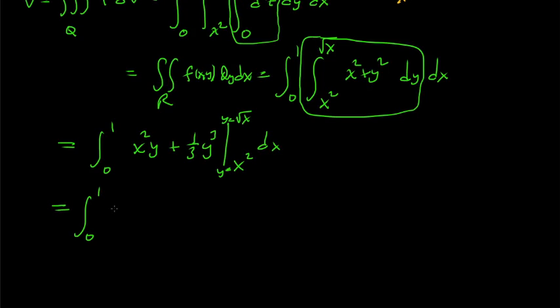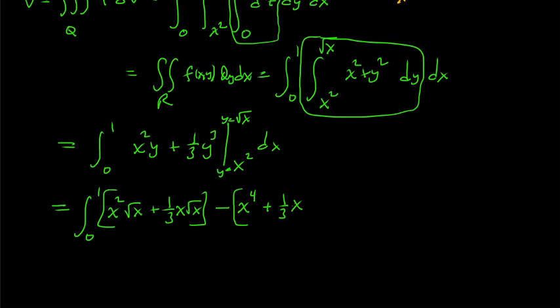So let's do the square root first. We get x squared times square root of x plus 1/3 square root of x cubed, which is x to the 3/2. And then minus, when you plug in x squared, x squared times x squared is x to the 4th, plus 1/3 times x squared cubed, which is x to the 6th.